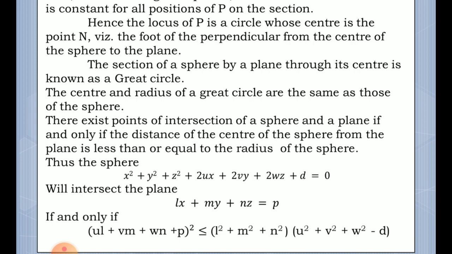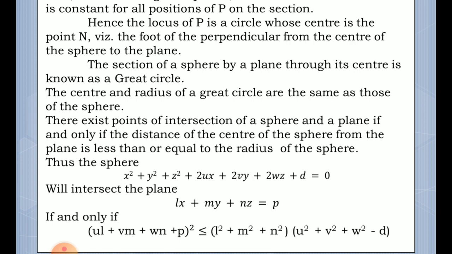That means the plane will intersect the sphere if the distance of the plane from the center is less than or equal to the radius of the sphere.